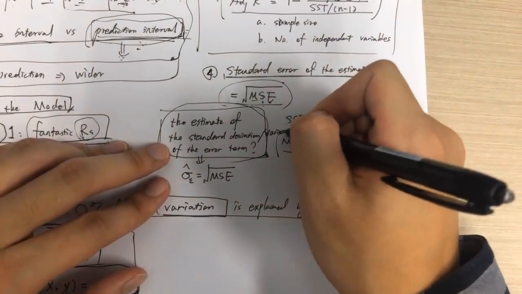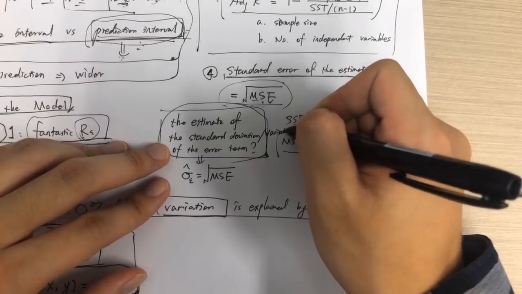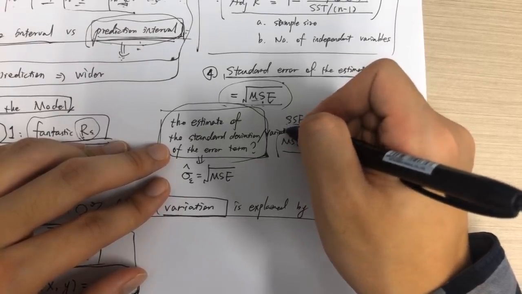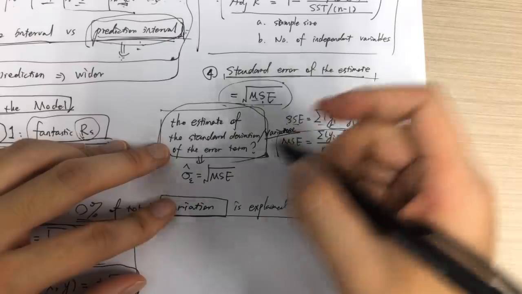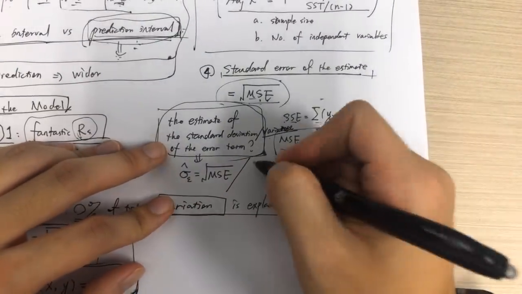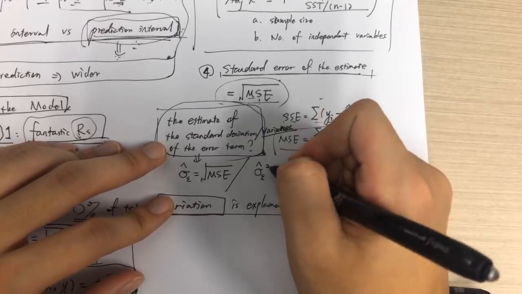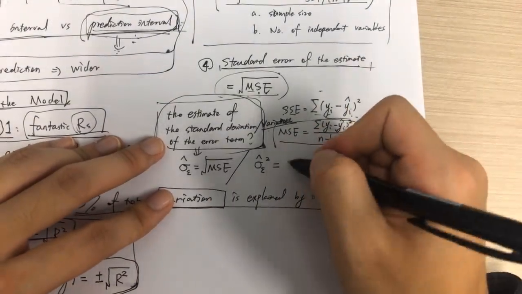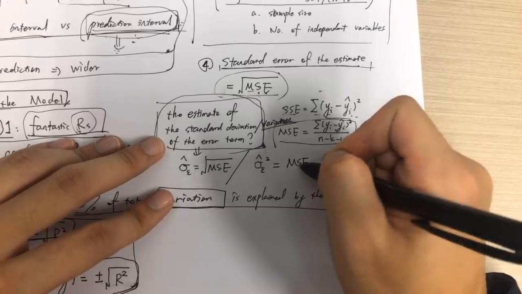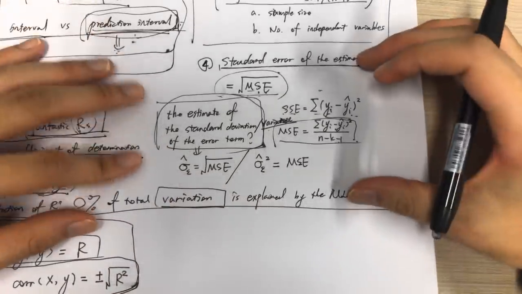So if the question asks you what is the estimation of the variance of the error term, then you're going to answer what? MSE, right? So the sigma hat epsilon squared is MSE. Okay? All right.